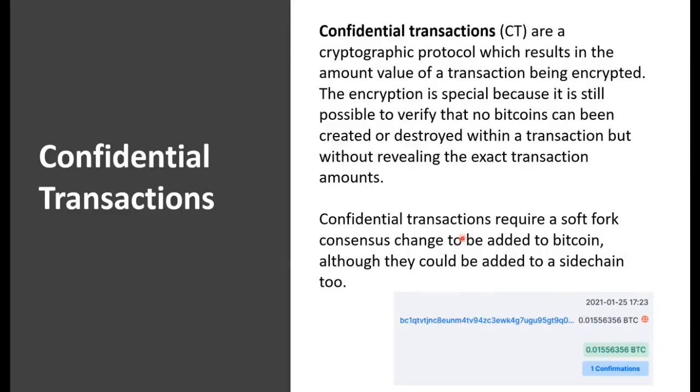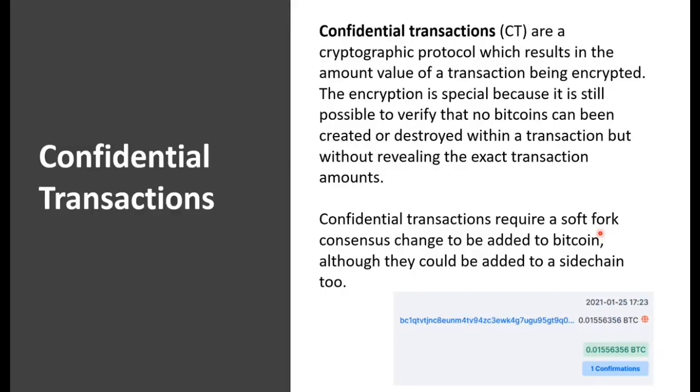And confidential transactions do require what we call a soft fork in the blockchain, meaning a block is essentially branched off, and the transactions are validated within it.